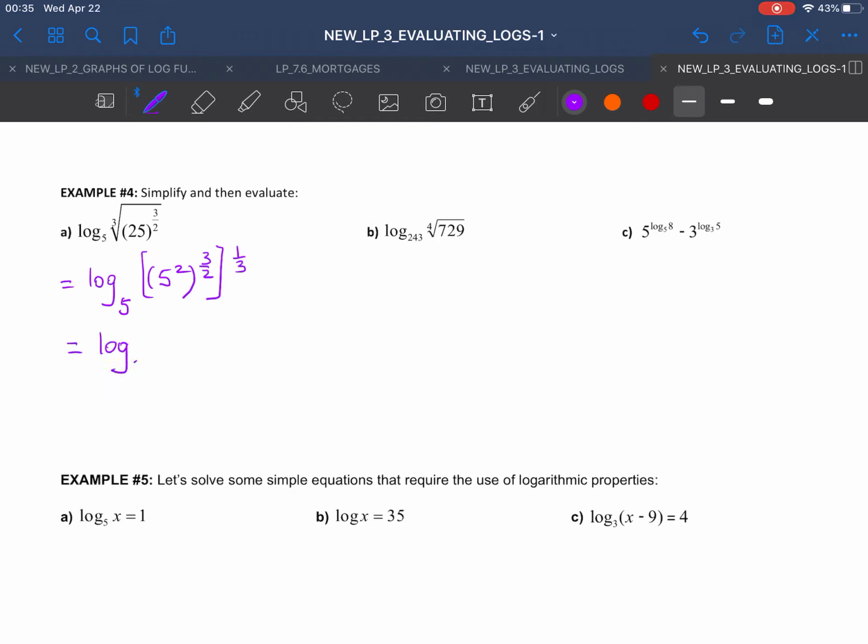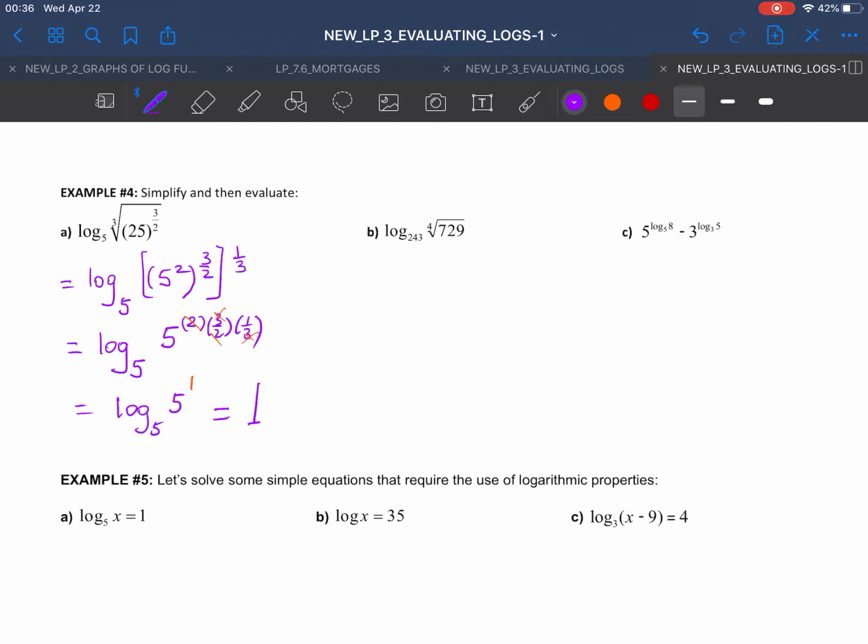So we have log base 5 and 5 to the power of, you have the power of the power of the power, so you multiply them all. So that would be log with base 5 of 5 to the power of, these two simplify, the 3 simplifies this one here. So we end up with 5 to the power of 1 actually. So the answer is 1.